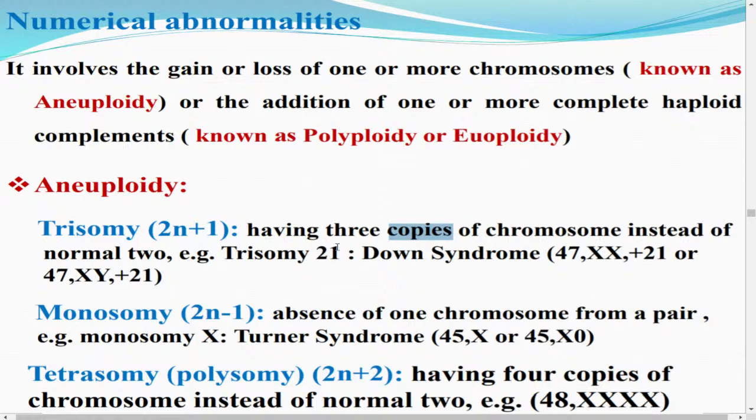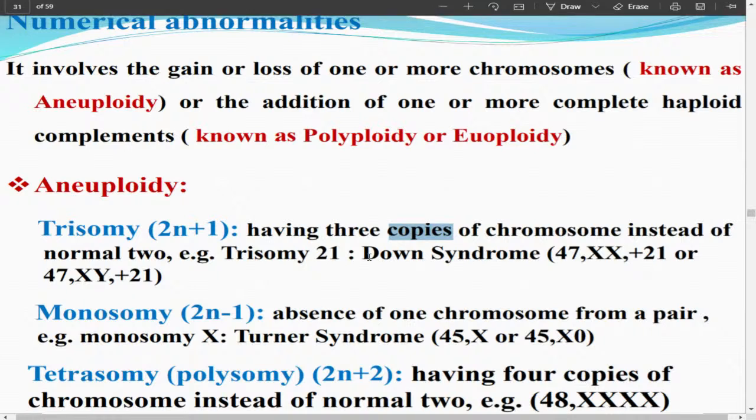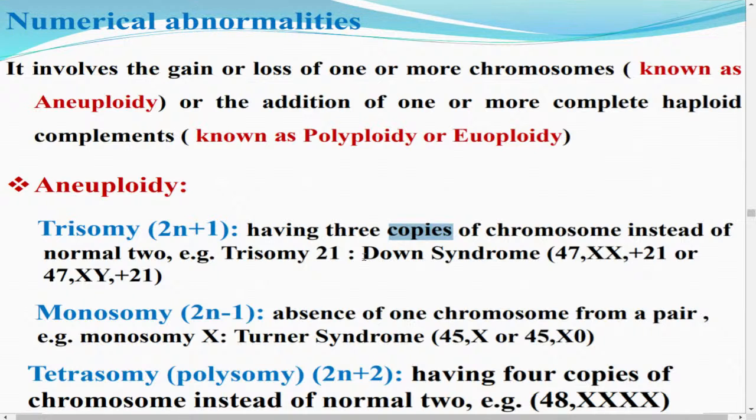This is trisomy 21 in Down syndrome. Instead of the usual 23 pairs, we have 47 chromosomes, which is abnormal.